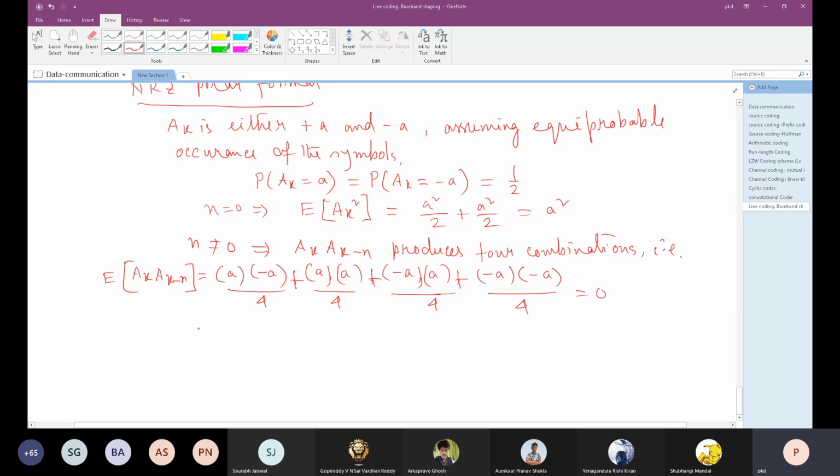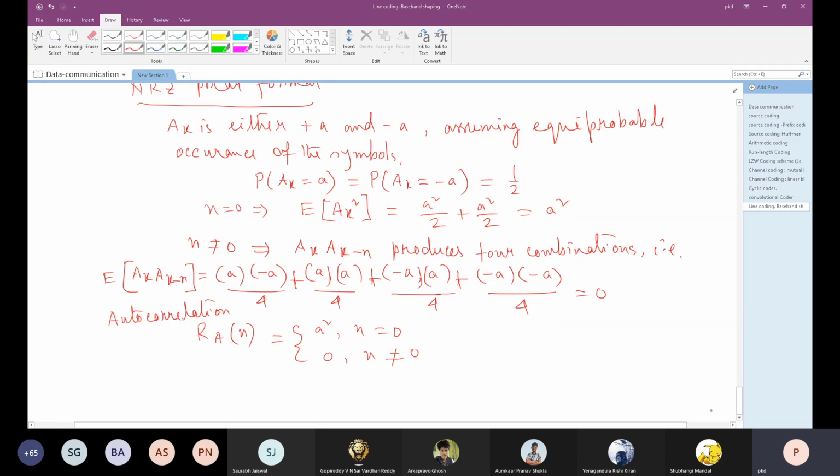Therefore the autocorrelation R_A(n) equals A square for n equal to 0, and 0 for n not equal to 0.